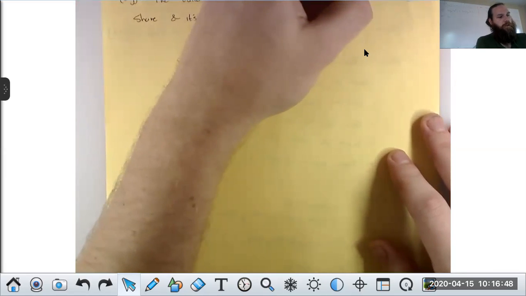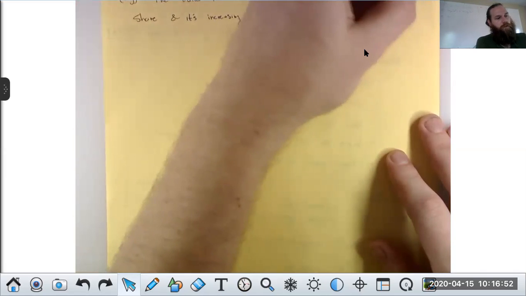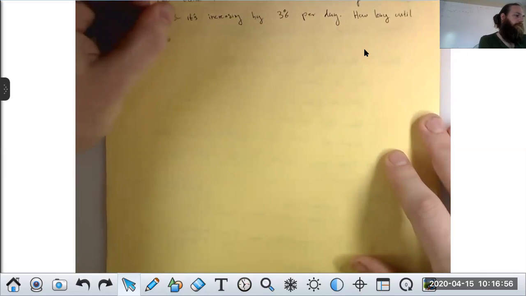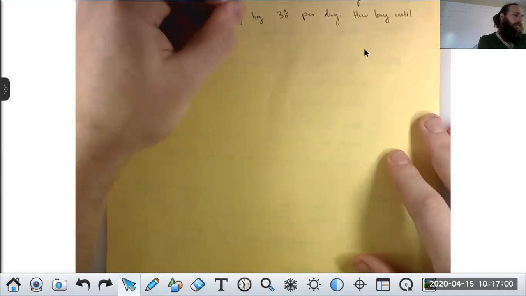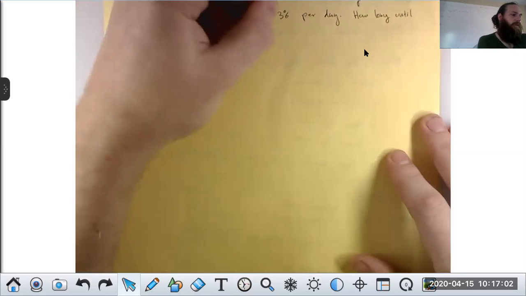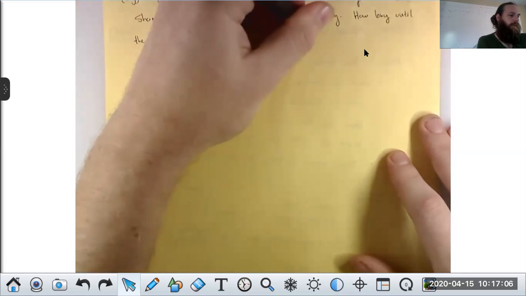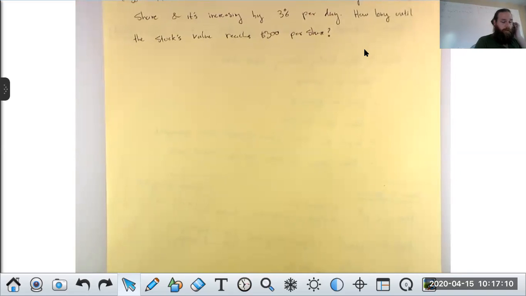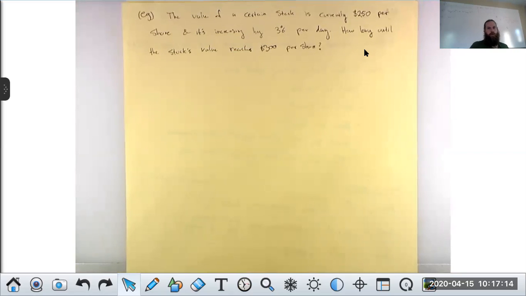I might ask, how long until the value reaches $300 per share. So this involves a little bit of modeling and also a little bit of solving exponential equations using logarithms.